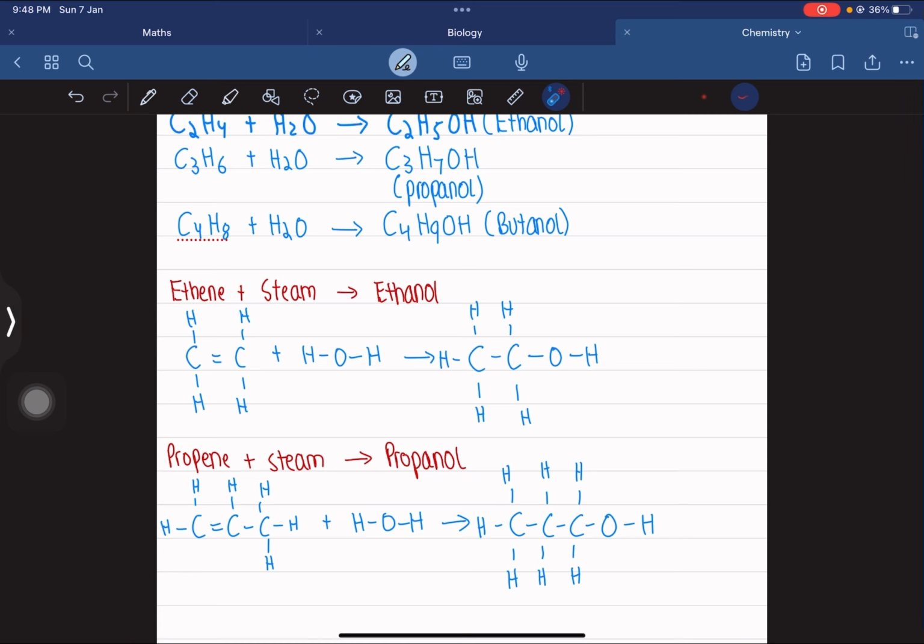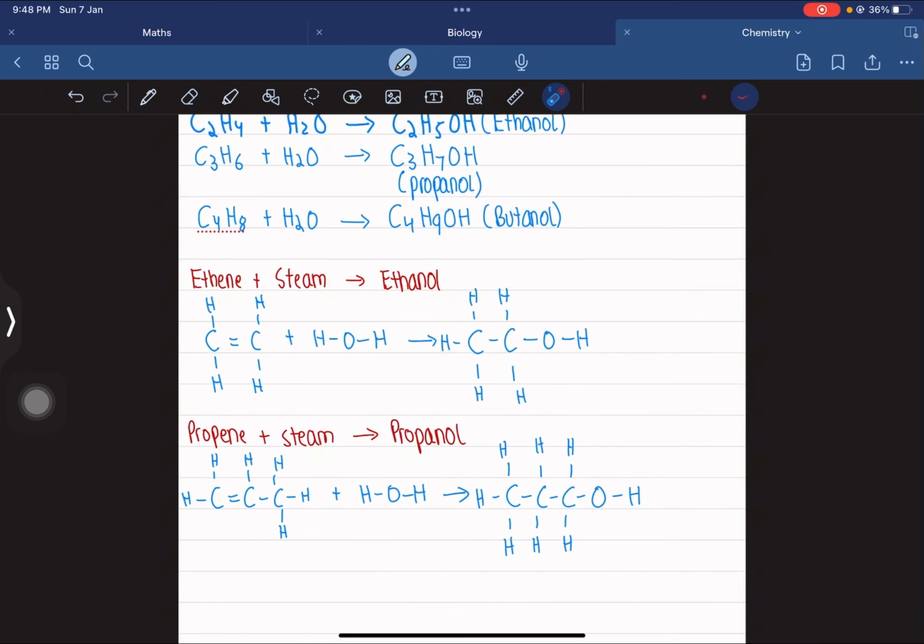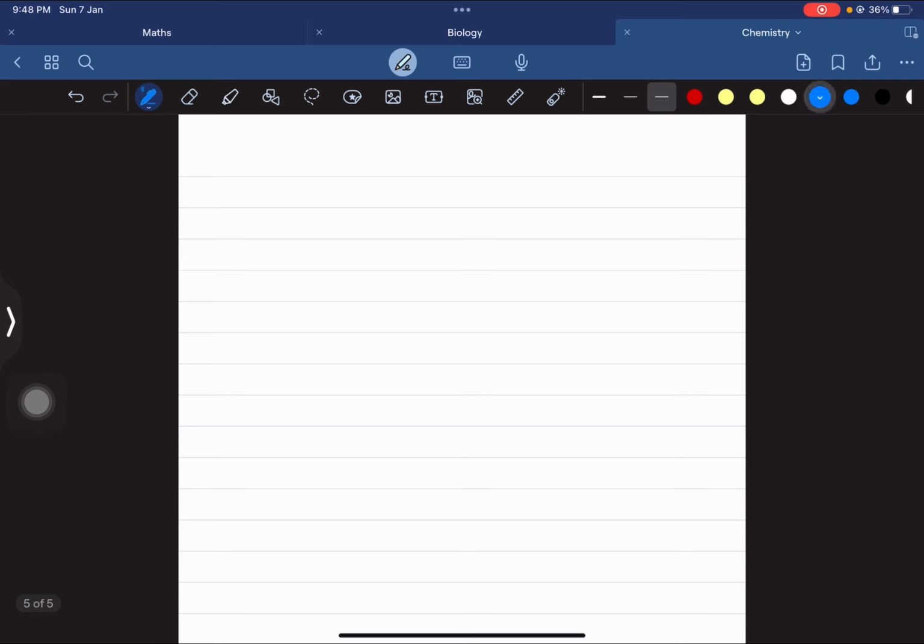Okay, now let's draw the structure for butene plus steam. When butene reacts with steam, it is going to give me butanol. And what will be the structural formula or the displayed formula? Remember, both are the same thing.